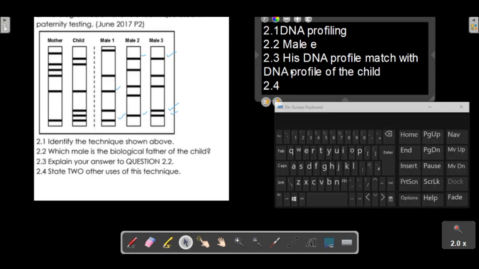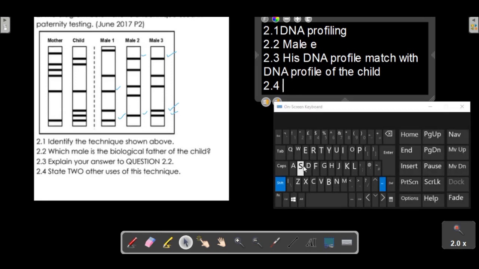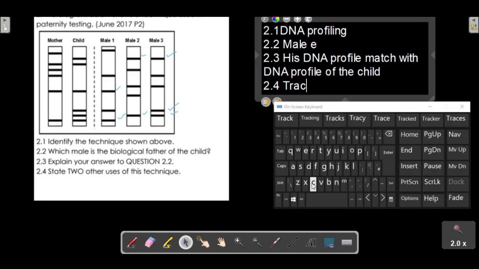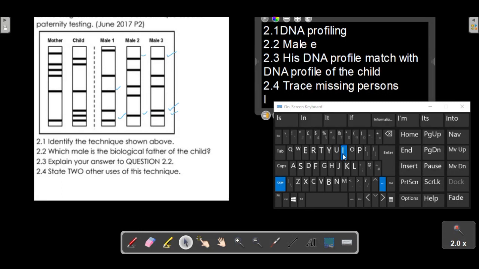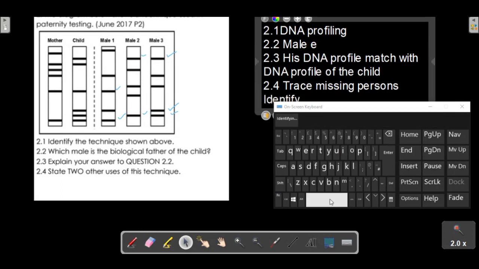So to trace missing persons, and also identify genetic disorders. Right.